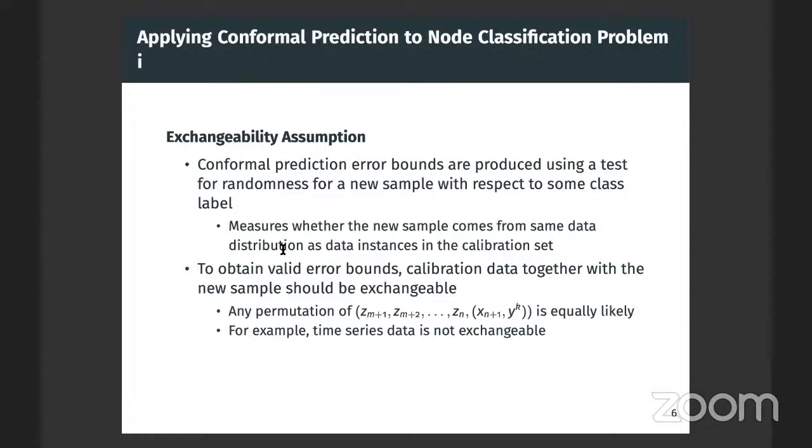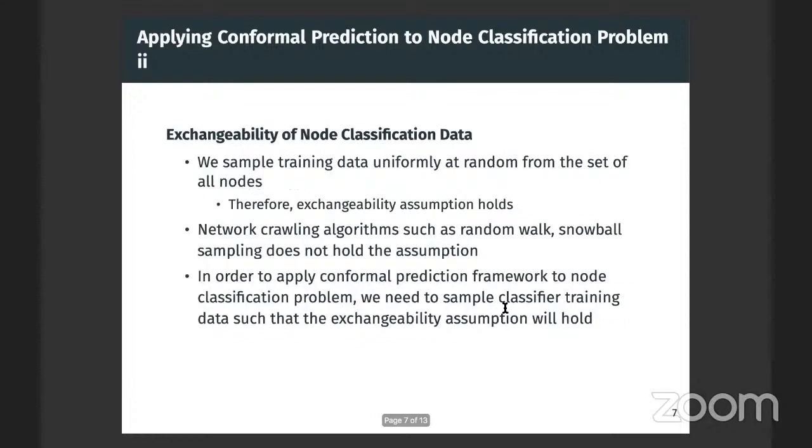So in order to use that test for randomness, every permutation of this sequence needs to be equally likely, meaning that this data should be exchangeable. So when we want to apply this, we need to show that the data we are using is indeed exchangeable.